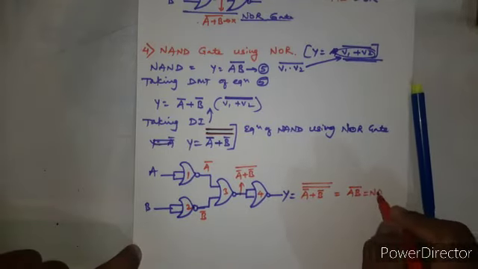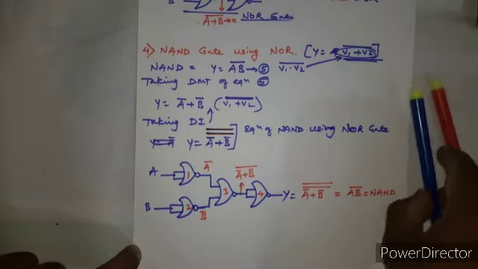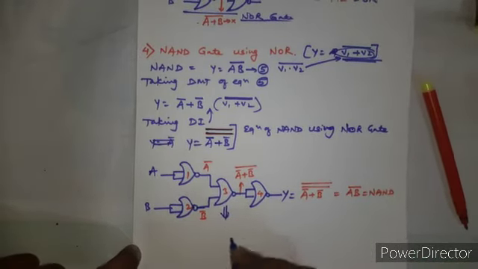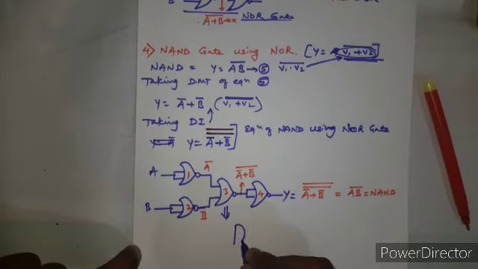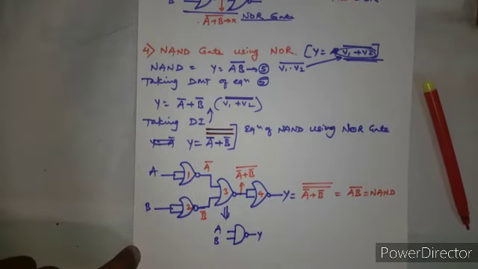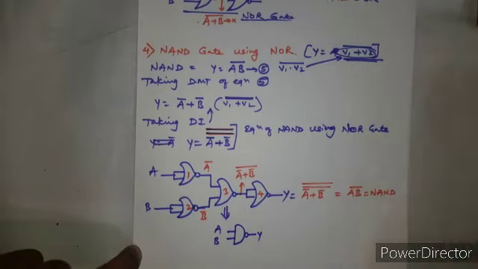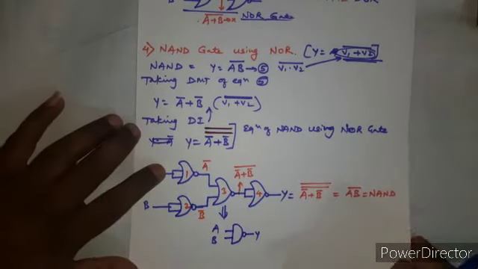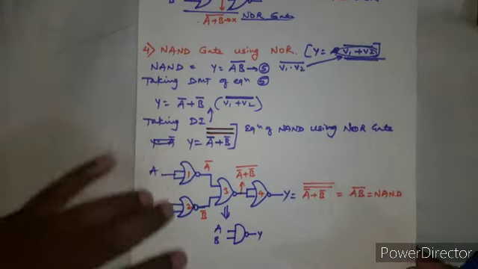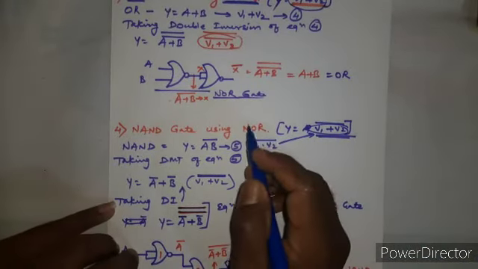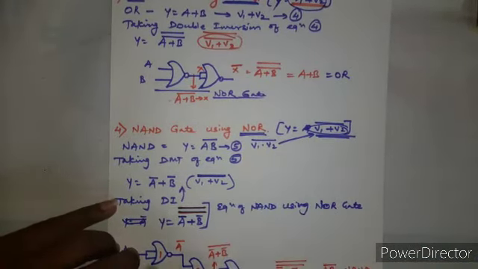Which is equal to NAND. So this complete circuit is equivalent to a NAND gate. Okay, so this is how you can implement other gates using NOR gate.